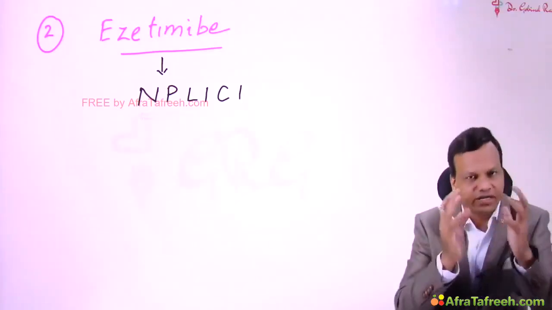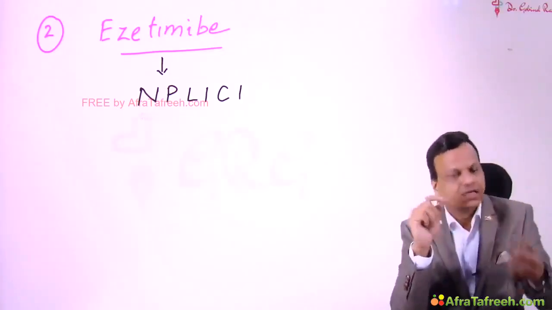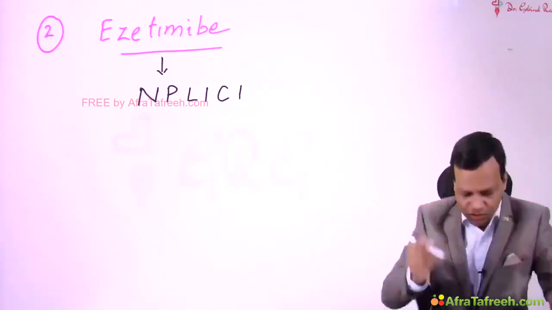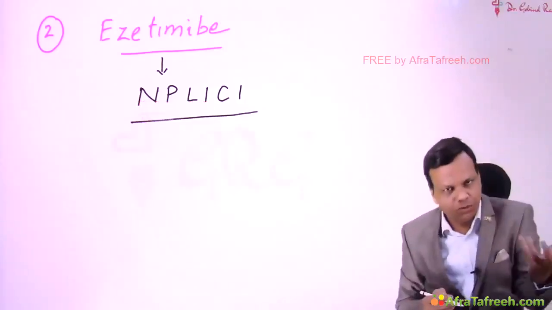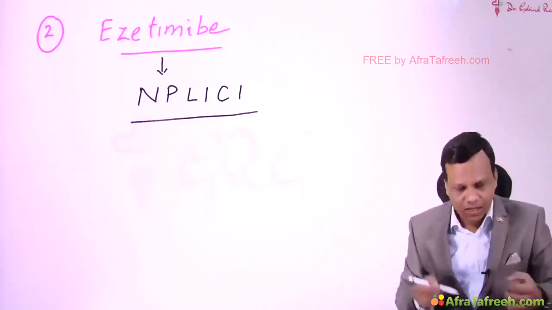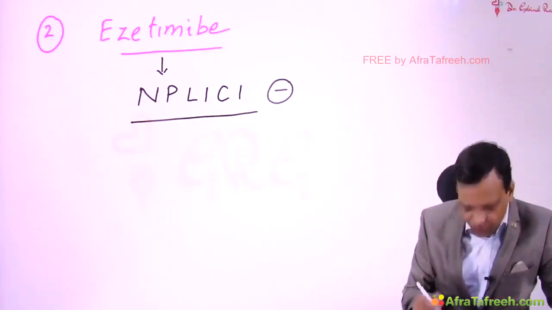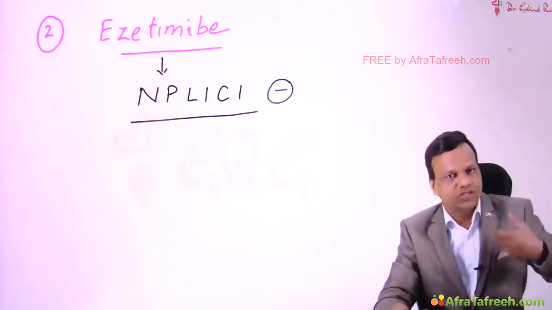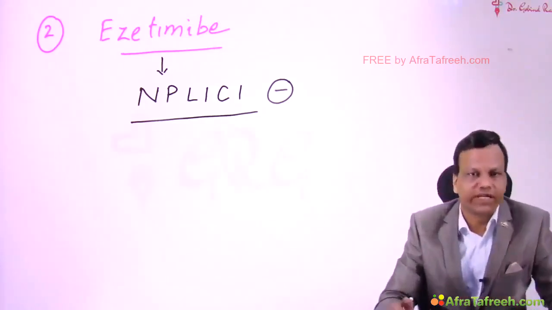A protein or a transporter is present in the GIT. The name is Niemann-Pick like 1C1. So this transporter helps in absorption of cholesterol from the intestine. So ezetimibe inhibits this transporter. So cholesterol cannot be absorbed. So when cholesterol is not absorbed, the blood cholesterol will decrease.